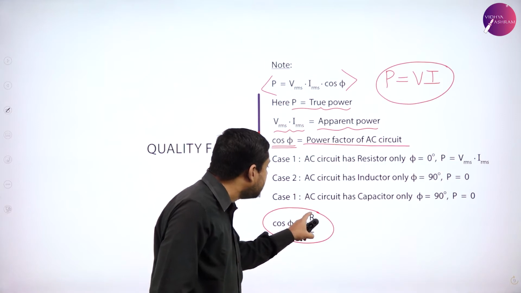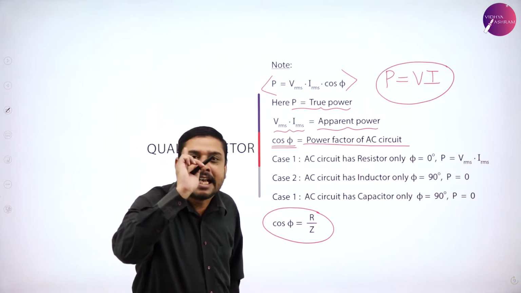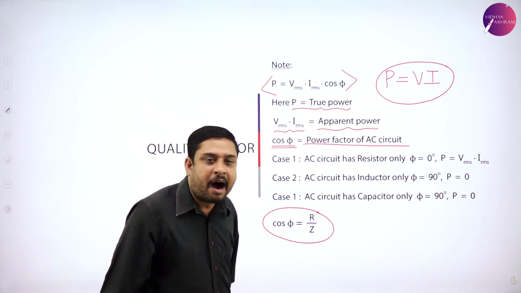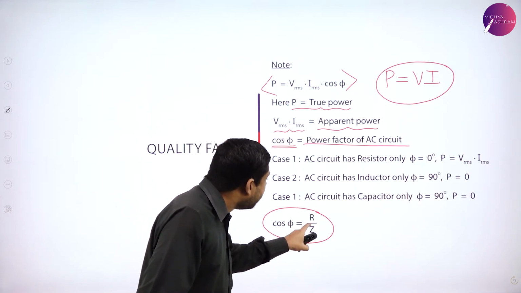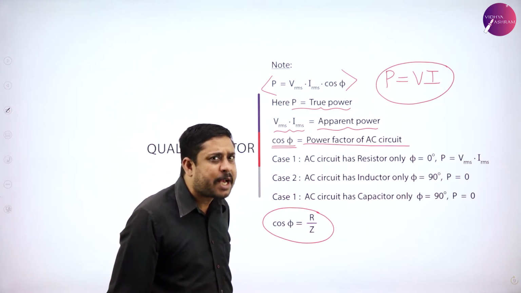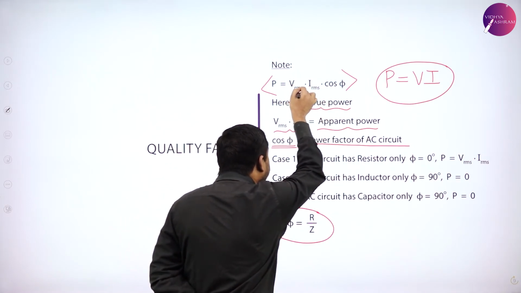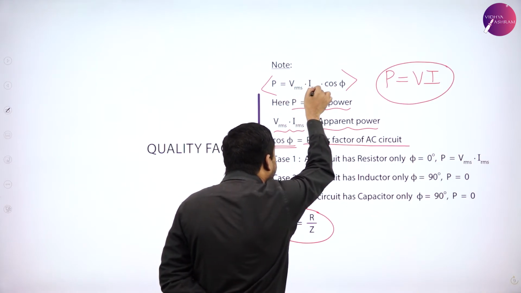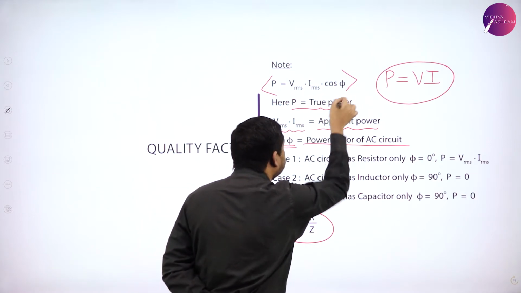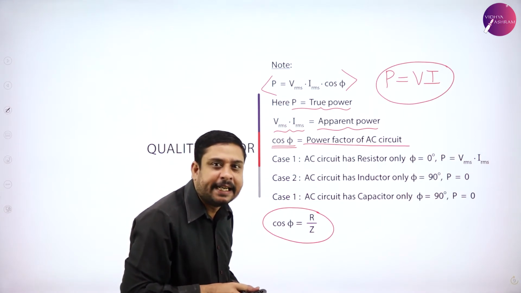Cos phi equals R divided by Z. If in the examination you are asked to calculate the power factor of an AC circuit, it is R divided by Z. So how do we calculate the power of an AC circuit? It is VRMS into IRMS into cos phi, where P is the true power, the actual power dissipated in the circuit.